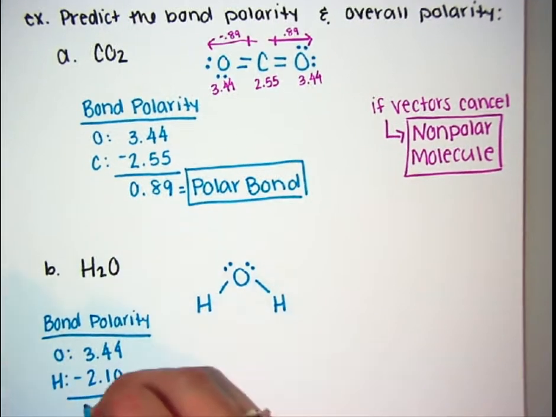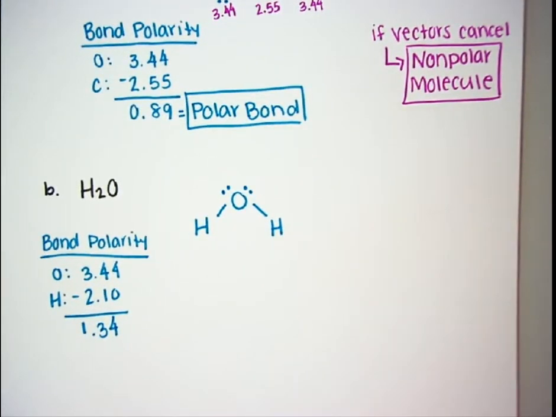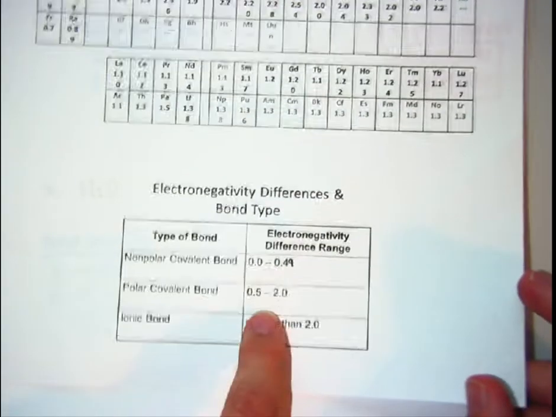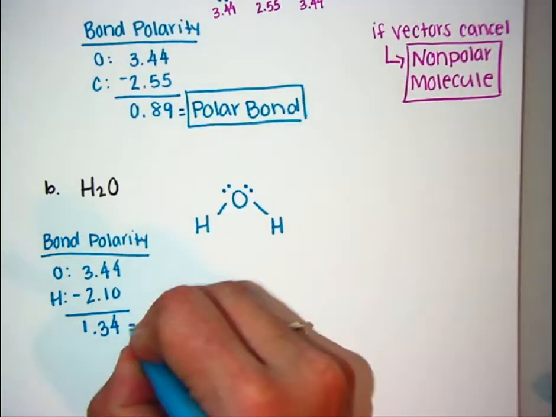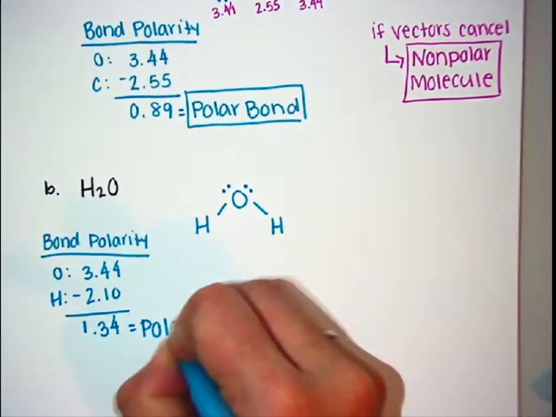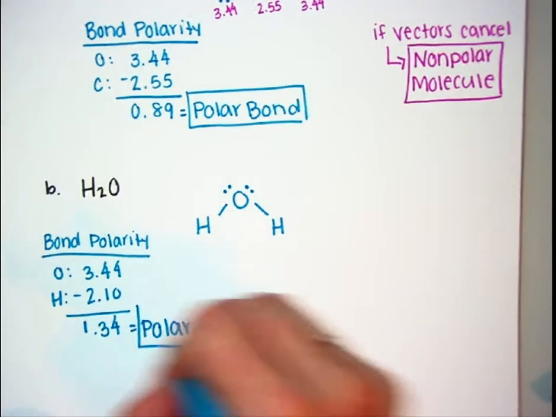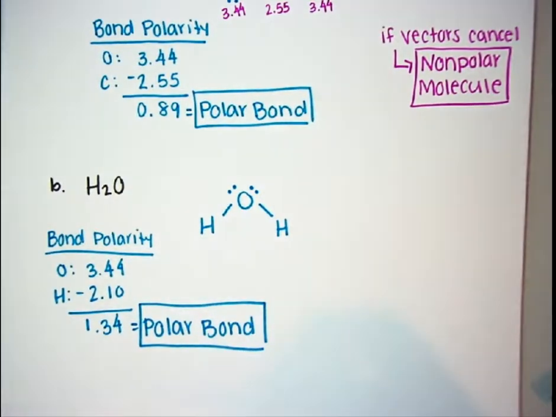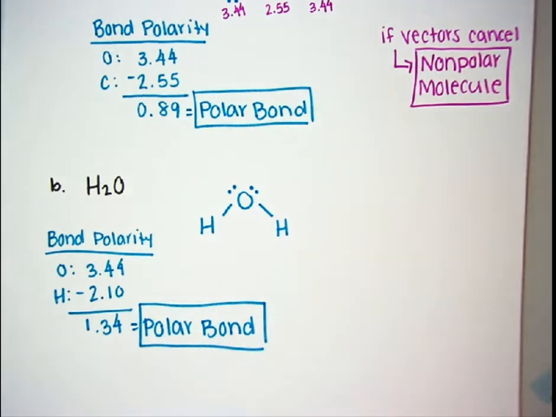So my difference would be 1.34. 1.34 falls in the range of having a polar bond. Its bond polarity is polar. But that doesn't mean that it's a polar molecule. We saw with carbon dioxide, you can have polar bonds with a nonpolar molecule.